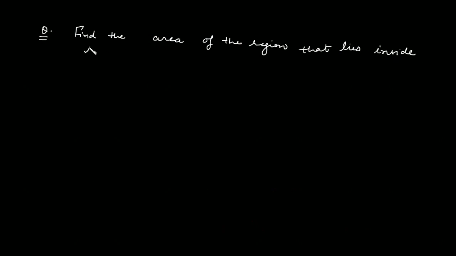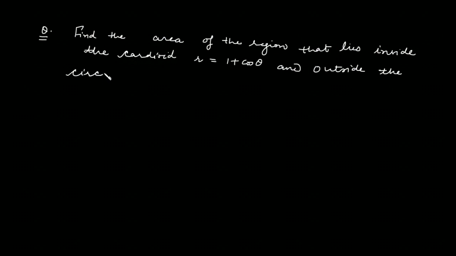Now just see one more example. Find the area of the region that lies inside the cardioid r is equal to 1 plus cos theta, and outside the circle r is equal to 1.